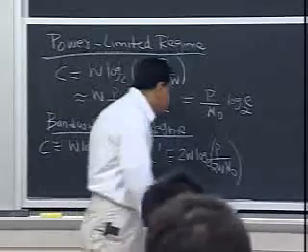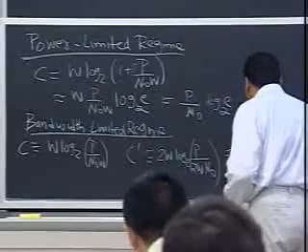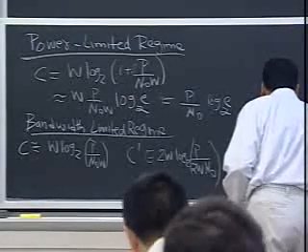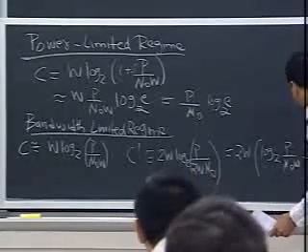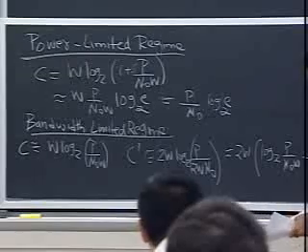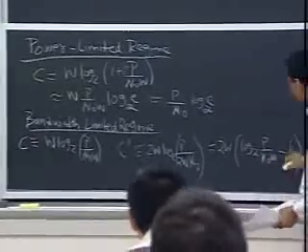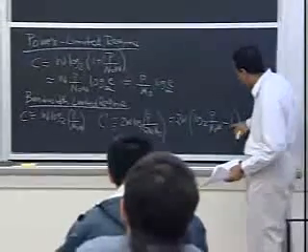All right. This I can write as 2W log2 of P over N naught W minus 1, since this is to the base 2. And this term is approximately the same. If I ignore the 1, if I assume P over N naught W is quite large, then I can just ignore the subtraction of 1.